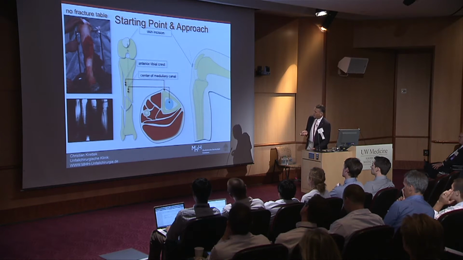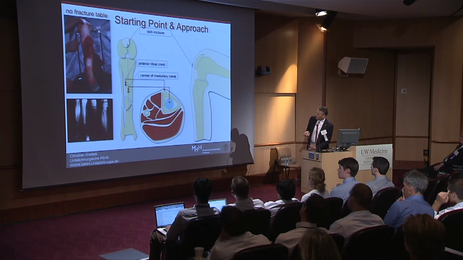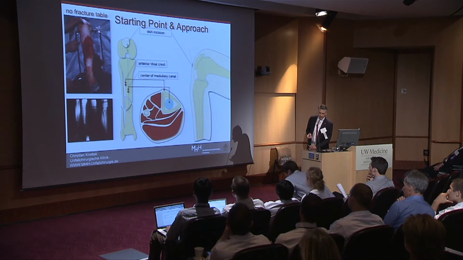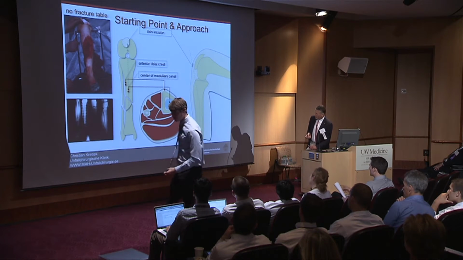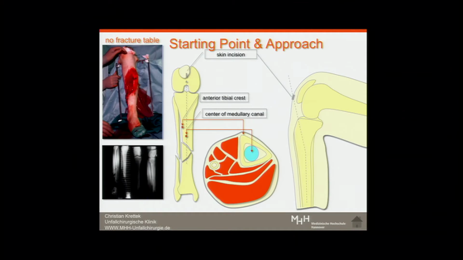And the orientation of the medullary cavity is absolutely crucial. That's for the lateral view. For the AP view, there is always a little bit of misunderstanding as well, because what you palpate is the anterior tibial crest, but the anterior tibial crest is not the center of the medullary cavity. The center of the medullary cavity is always a little bit more medial.